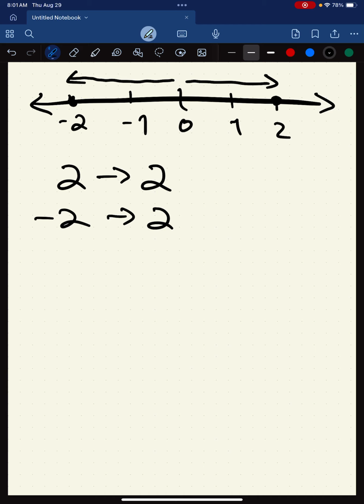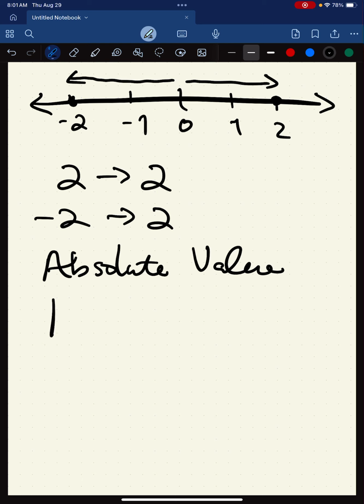So the operation we're actually doing here is called the absolute value. And for any positive number like 2, the absolute value is just that number. And the way we write that is with these bars around the number. We're saying how far is this number away from 0.